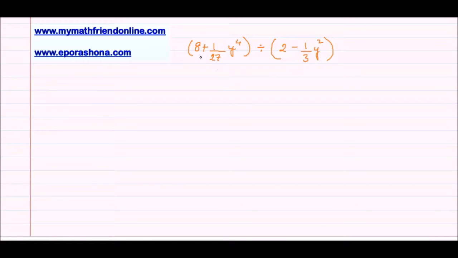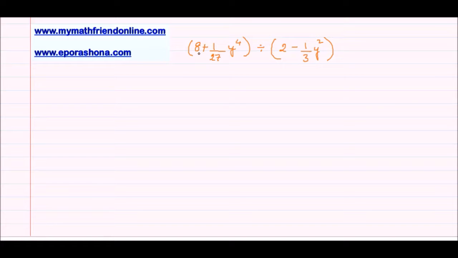So we have to check whether our dividend and our divisor are in descending order of y or not. Let us first check the dividend. Both the dividend and the divisor are binomials. They contain 2 terms each.